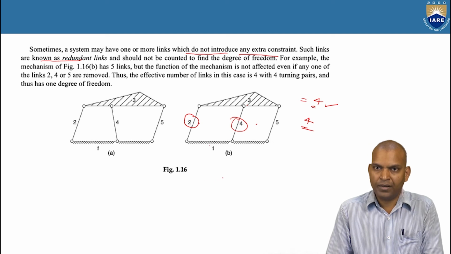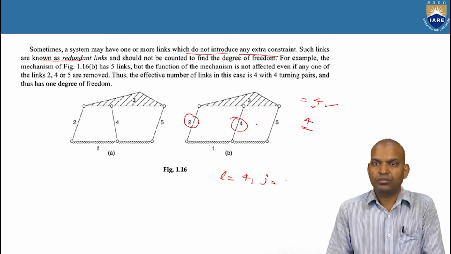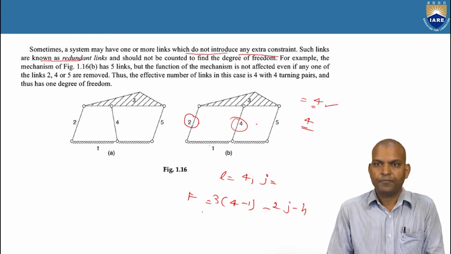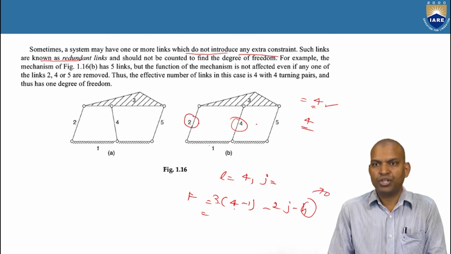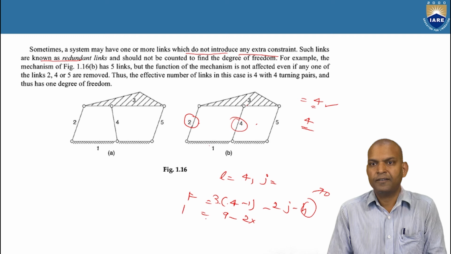How is it 1 degree of freedom? Number of links L equal to 4, F equal to 3 into L minus 1 minus 2J minus H. Here H equal to 0. Then 3 into 4 minus 1, number of links 3 into 3, minus 2 into J. How many joints are required?